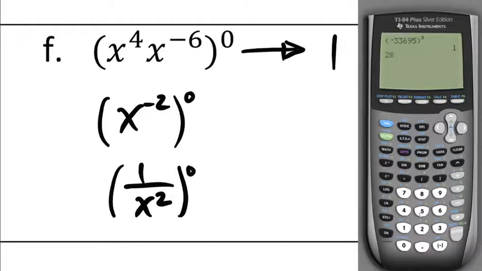If I go 25.231, it doesn't matter. Raised to the 0 power, it's going to give me the number 1. The one noticeable exception is if I take 0 and I raise that to the 0 power, right, I get an error. There's a domain error there. So as long as x isn't 0, anything as long as it's not 0 raised to the 0 power equals the number 1.